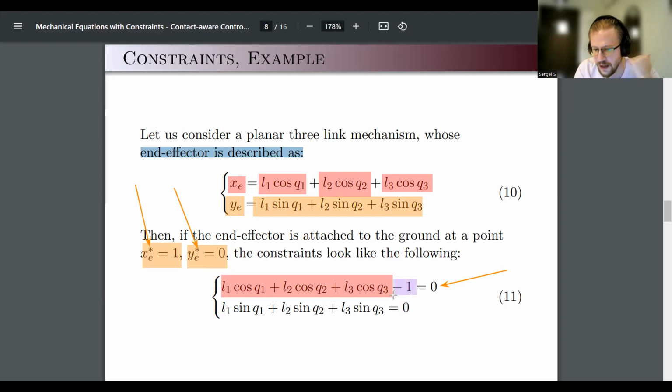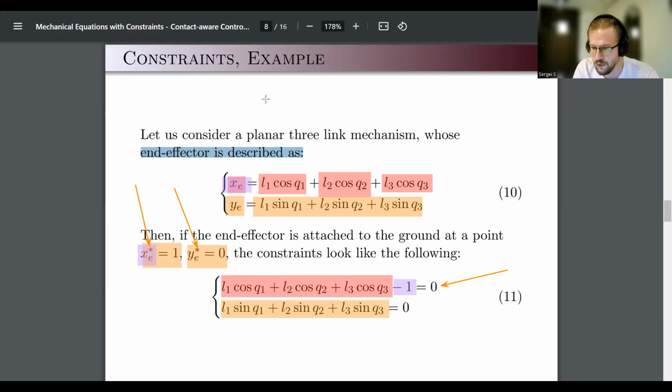Why -1? Well, because we want the position of xe here to be equal to the position of xe star here. So xe minus xe star should be equal to 0, and that's what I write. Right? And downstairs, we have, again, exact same description as above, but it is just equal to 0.